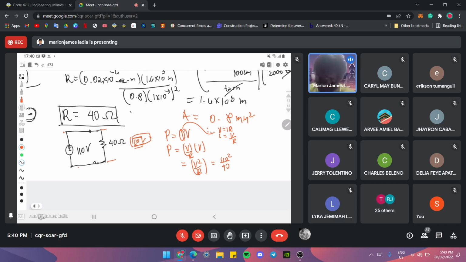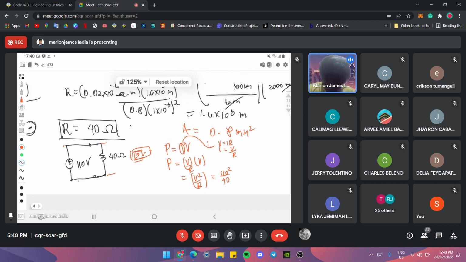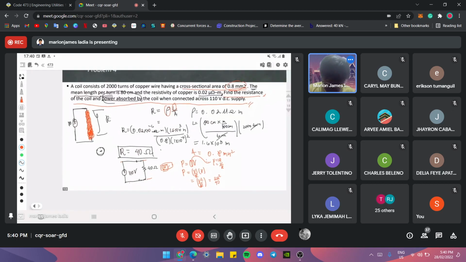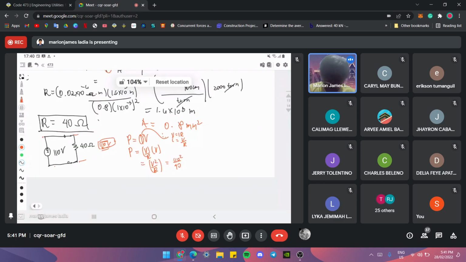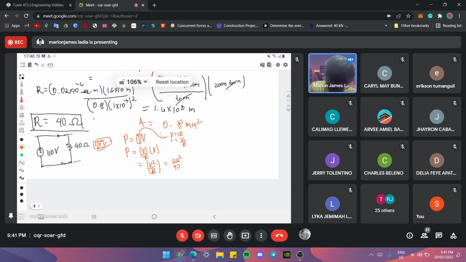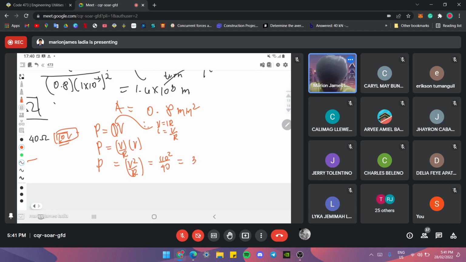So, ano yung magiging yield dito? 110 squared divided by 40. Okay. So, power is equal to 302.5 watts. Yan.